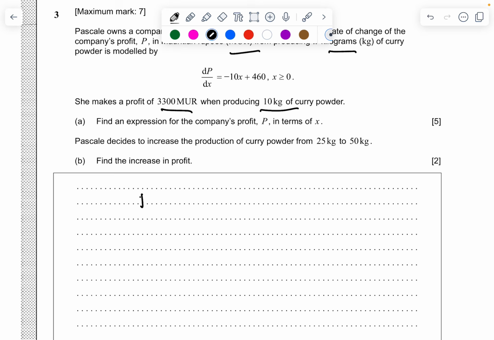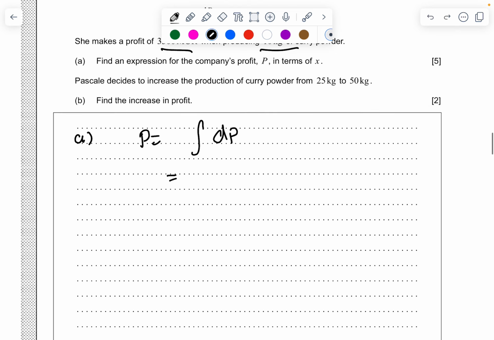So profit equals the integral of dP, which is going to give me the profit. So the integral of minus 10x plus 460 dx.